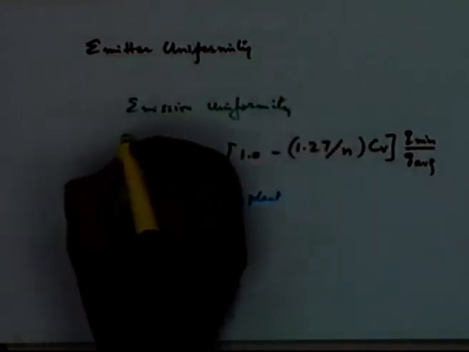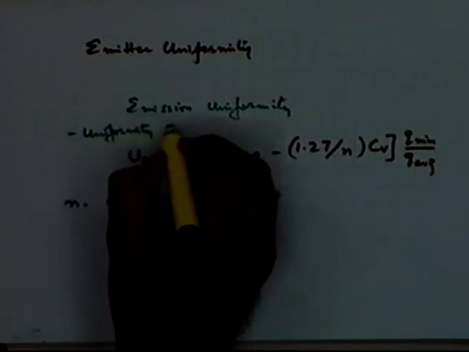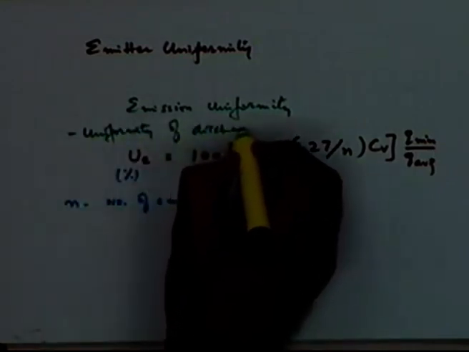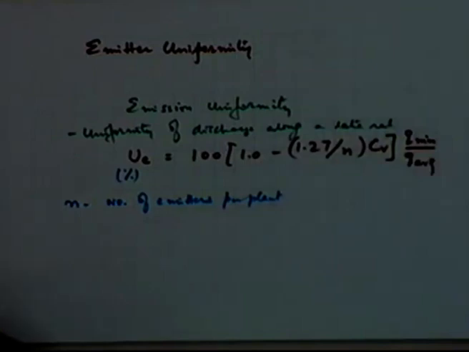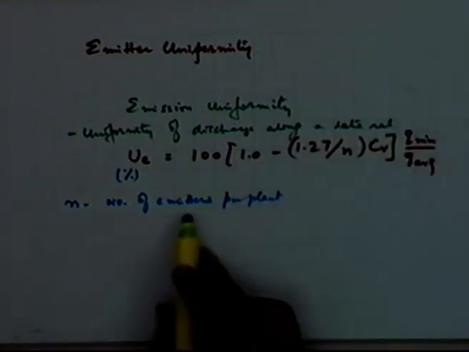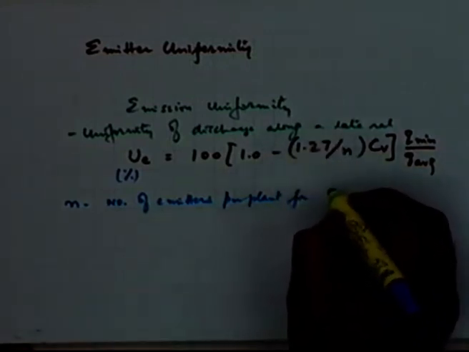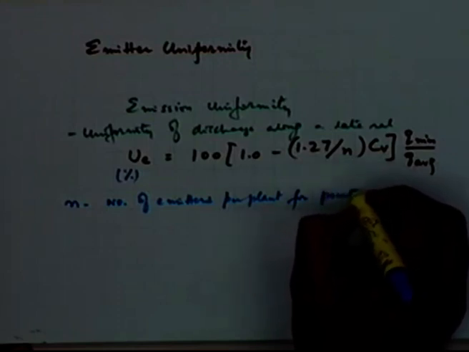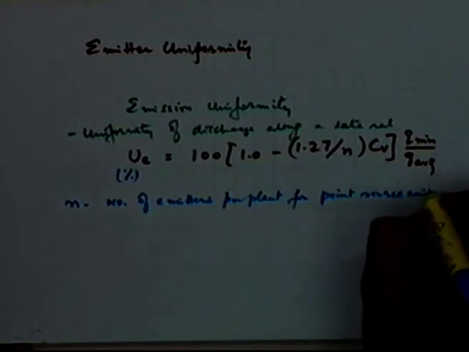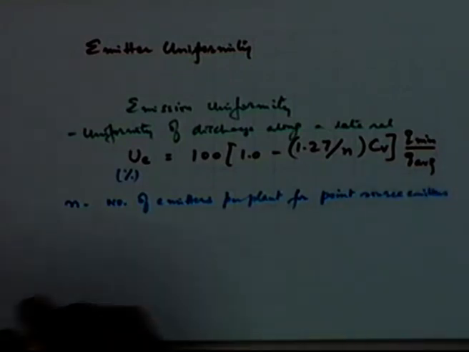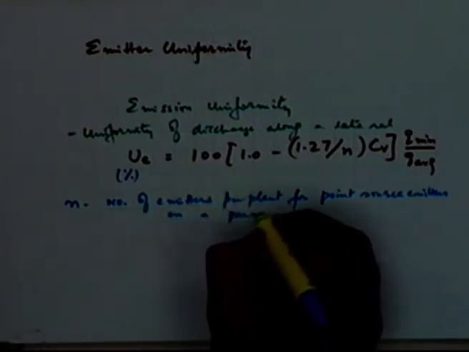The emission uniformity which we are expressing through this is the uniformity of discharge along a lateral. So N will be the number of emitters per plant for the case of point source emitters on a permanent crop.